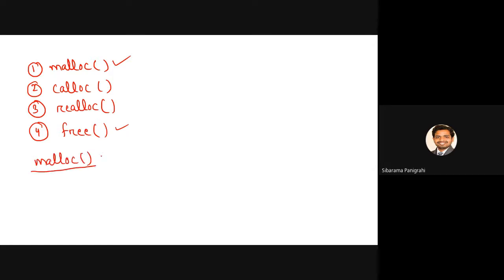First let me write the malloc function. So malloc is a predefined function. These are all predefined functions which are defined in the header file alloc.h or stdlib.h. Right? Now you see malloc, the prototype of malloc is void pointer.